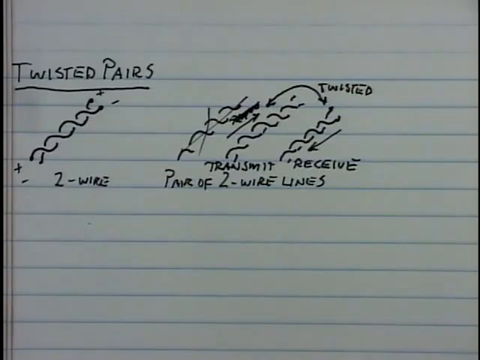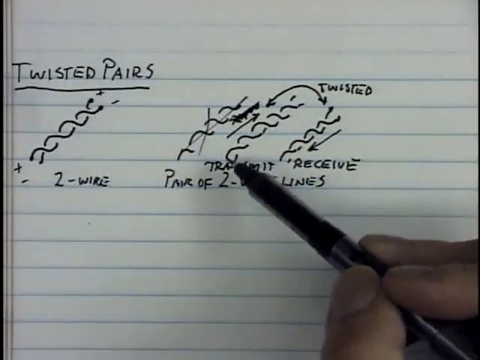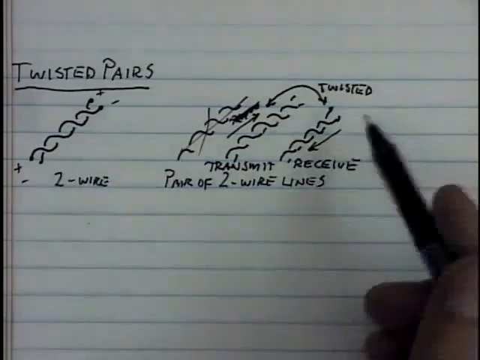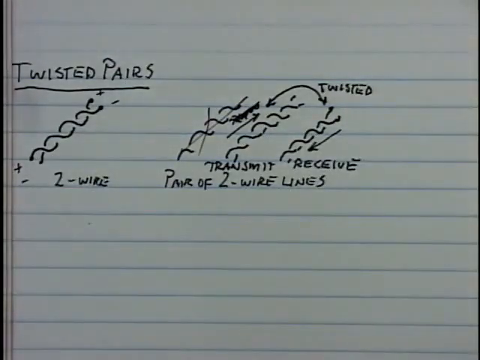You would like to have the minimum amount of interference between the transmitted signals and the received signals. So make a twisted pair devoted entirely to transmitting signals in one direction, and a twisted wire pair devoted entirely to receiving signals that are transmitted from the other direction. Okay, you got 4 wires now.